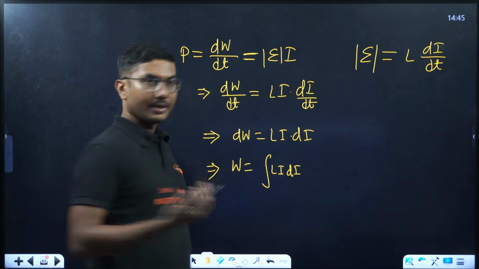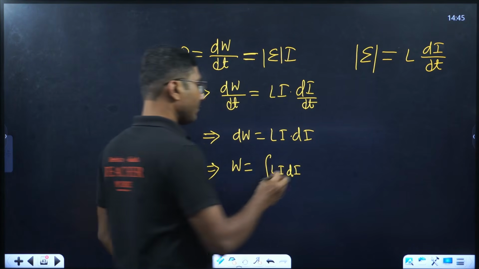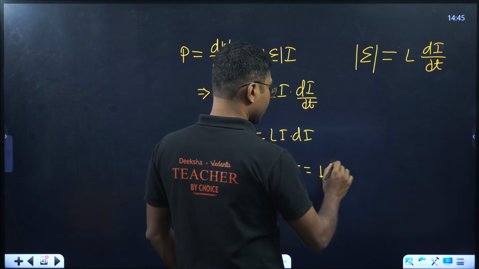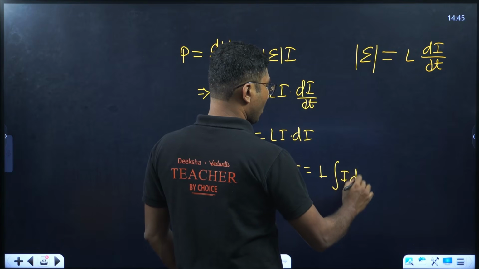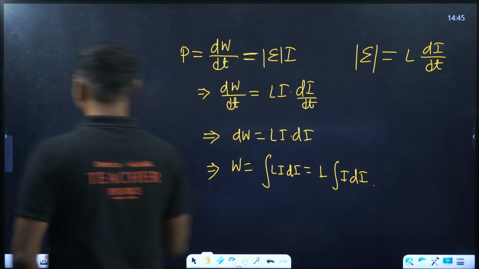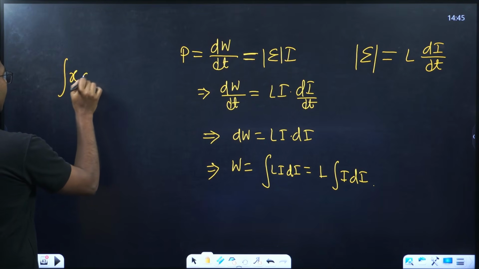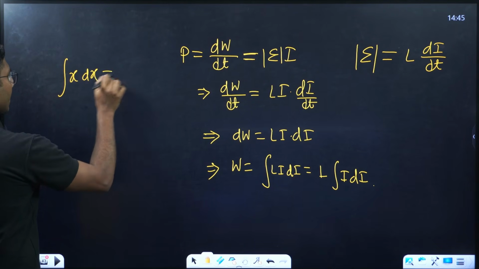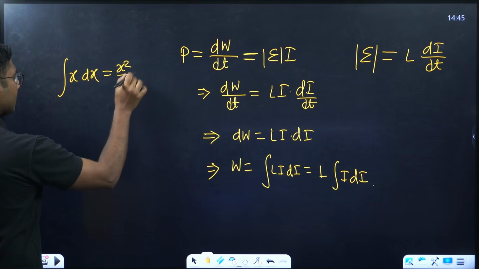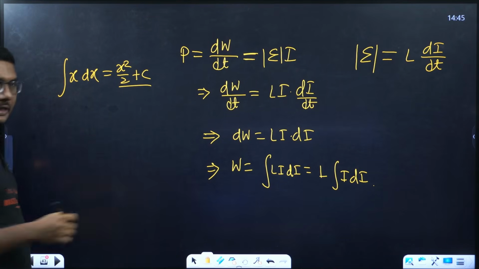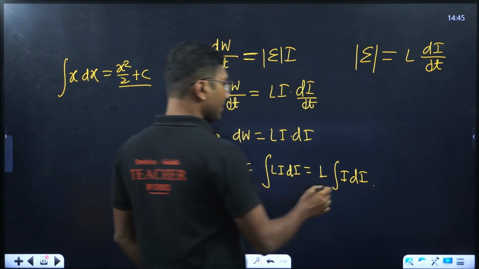L for a given coil is constant, so L will come out of the integration, and you get I dI. I dI is the same as x dx, so it comes out to be x square by 2 plus c. But here we will use the limits 0 to I.